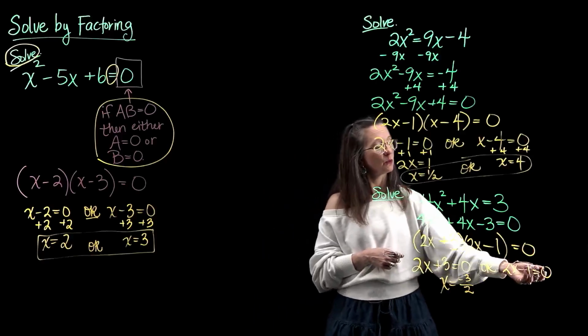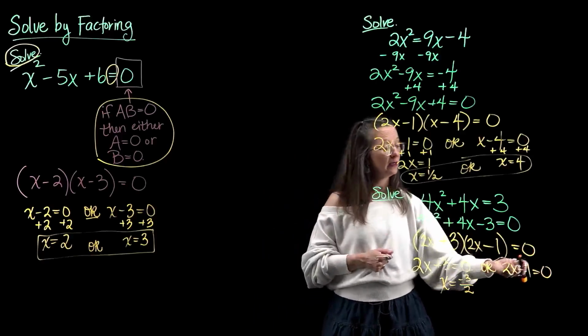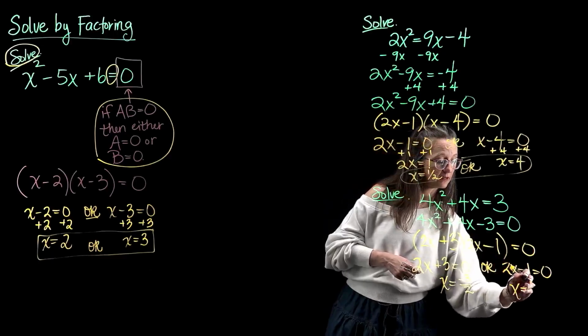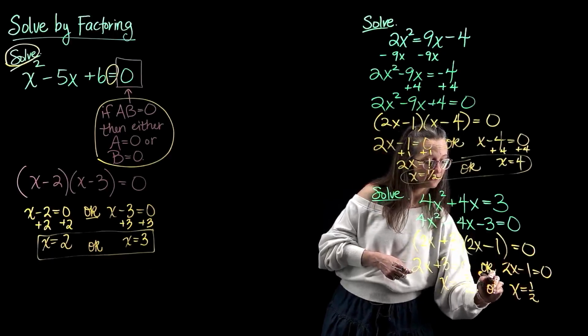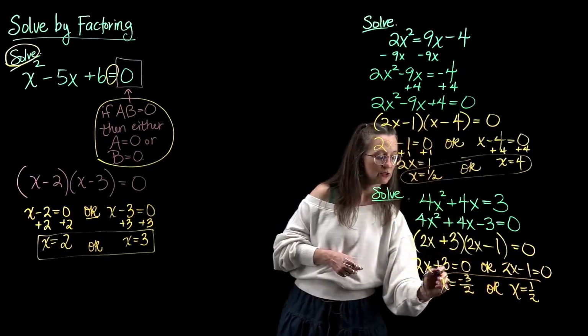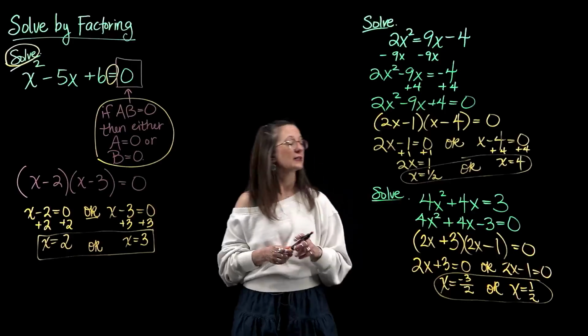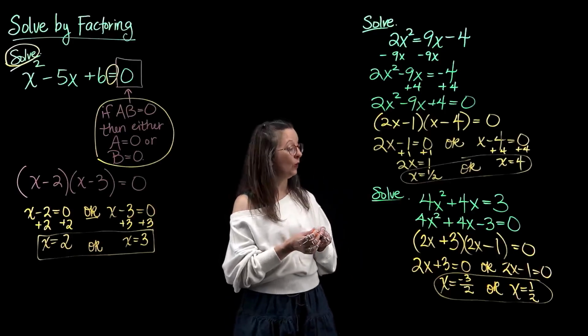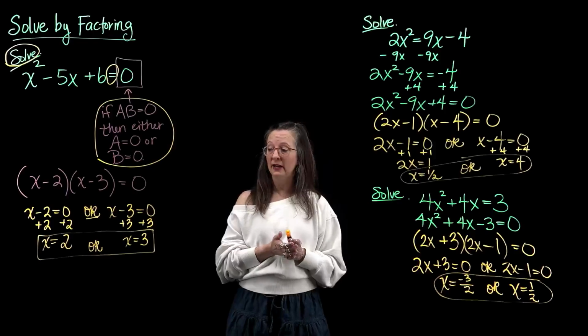For 2x minus 1 equals 0, I'll add 1 and divide by 2 on both sides to get x equal 1/2. So we have two solutions to our equation. X equals negative 3/2 or x equals 1/2.